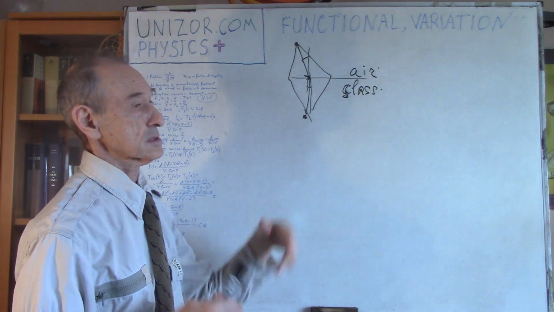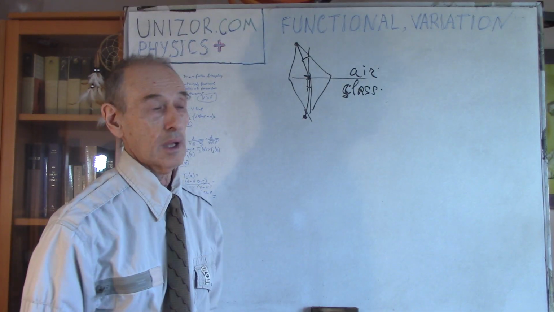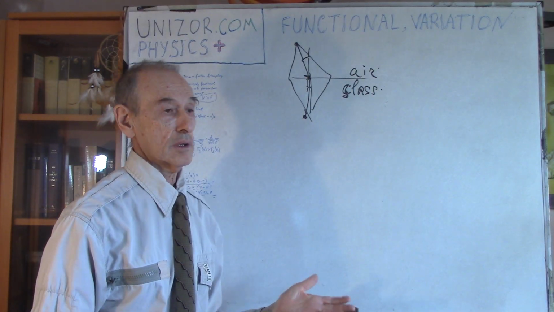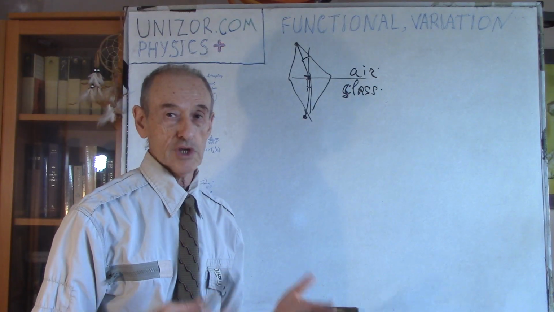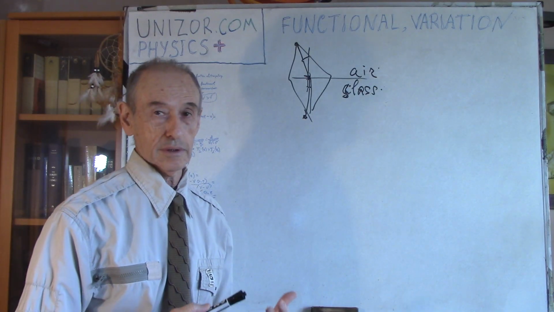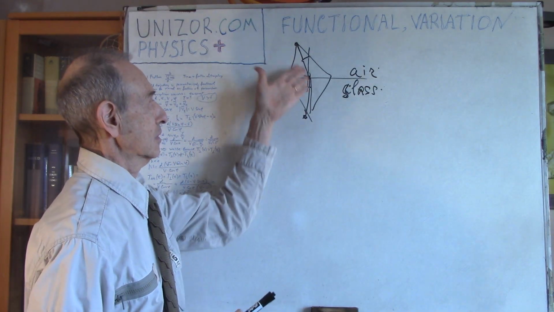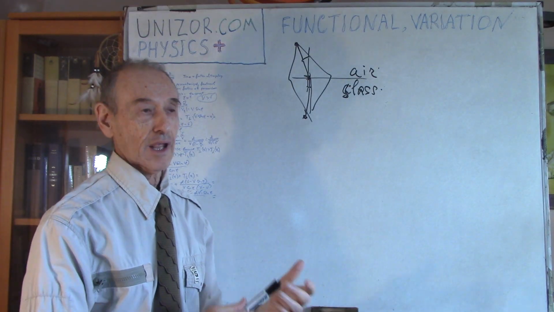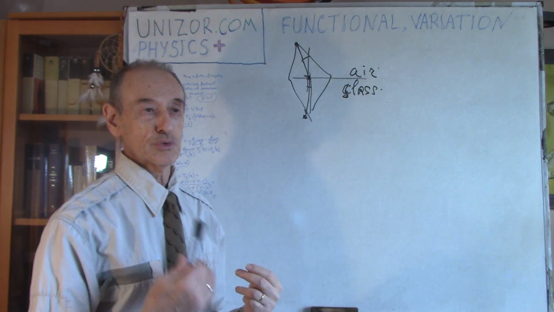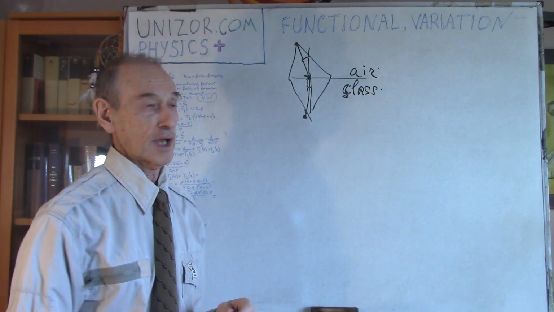Different trajectories give different time. So whenever we need to find a trajectory which really happens, which light really traverses, we have to use this principle of minimization of time.